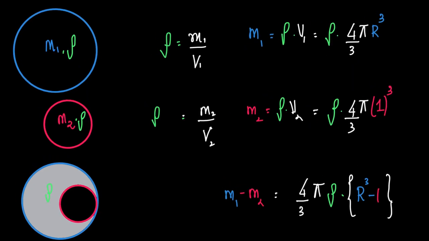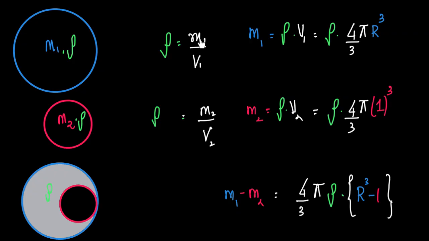Now coming back to the discussion on the entire solution. So we have the larger sphere with M1, the smaller sphere with M2, and the composite figure with M1 minus M2. Since all of these represent the same original structure, all three of them will have the same mass density rho. Rho is equal to mass by volume, M1 by V1, M2 by V2, right?